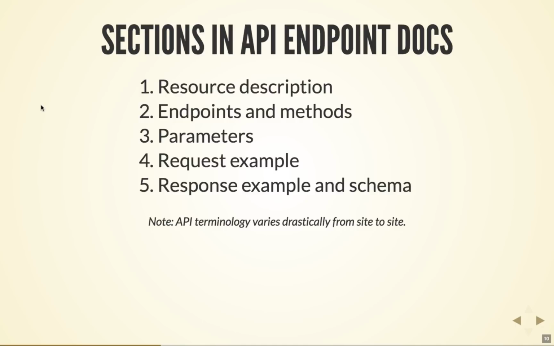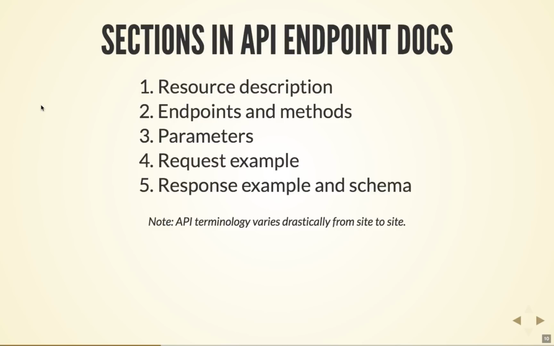Almost every API doc set has a reference section listing their endpoints, and they will have these 5 sections. It will describe the endpoint or describe the resource that you're retrieving through the endpoint. Literally list the endpoint. Here I'm duplicating the same name, I see, but it's how it often is, right? You have the URL that you use to access that resource as well as the methods available. You list the parameters, and there are several types of parameters.